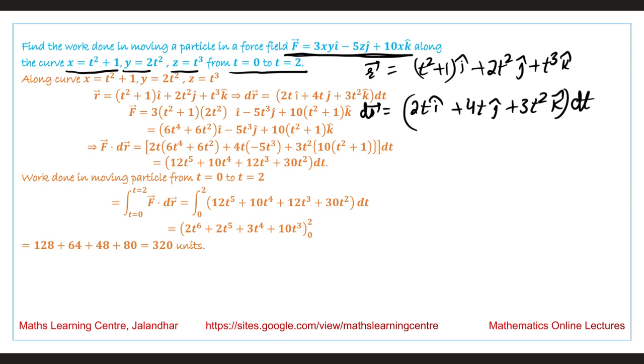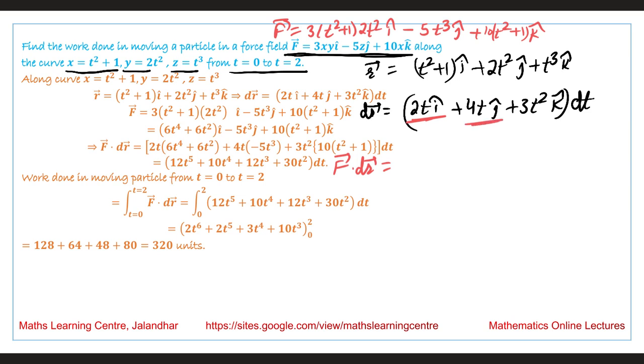Now if we calculate the value of f vector dot dr vector, the f vector we have is 3 into (t square plus 1) into 2t square i cap minus 5t cube times j cap, and it is plus (t square plus 1) 10 k cap.